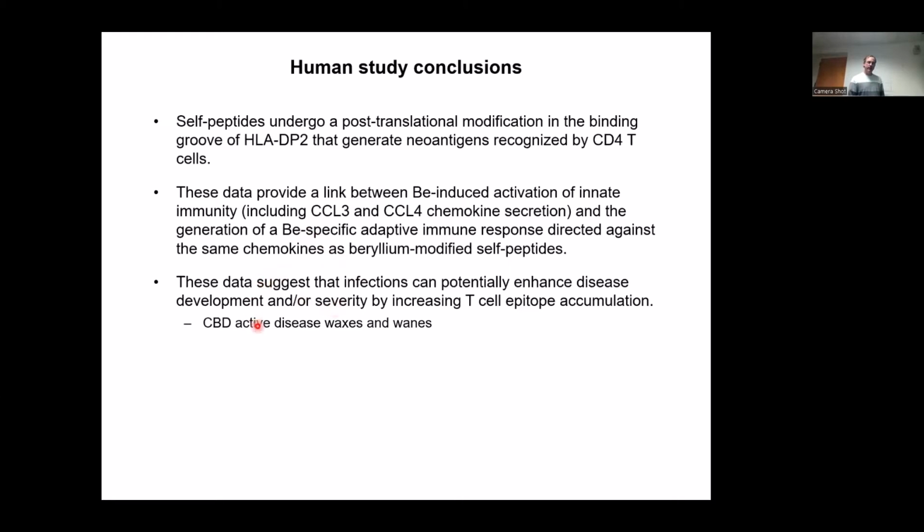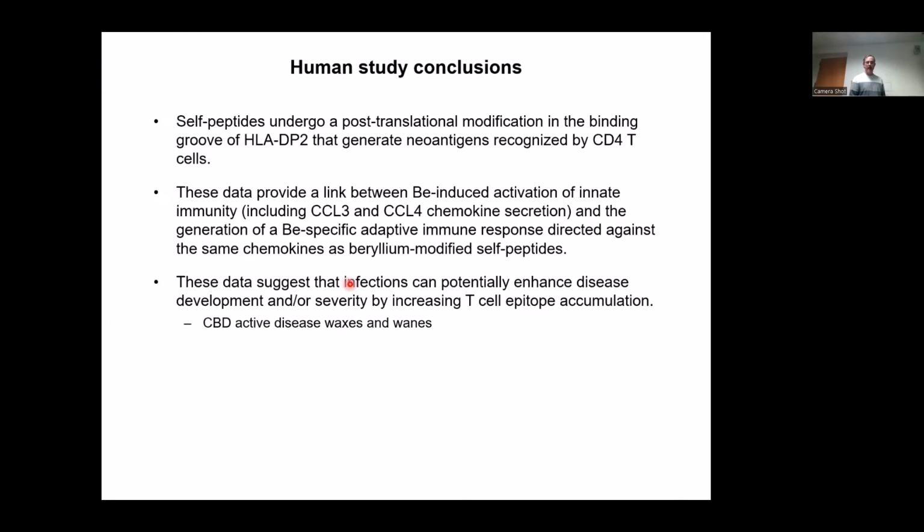And the other thing I want to say is that beryllium disease, which I didn't emphasize enough earlier, happens over a period of decades. People's disease sort of waxes and wanes in terms of the CD4 T cell responses that you find in the lung.